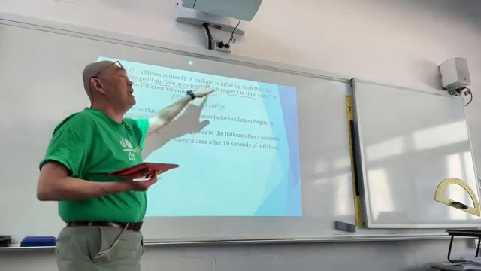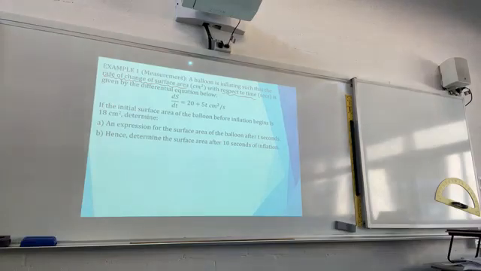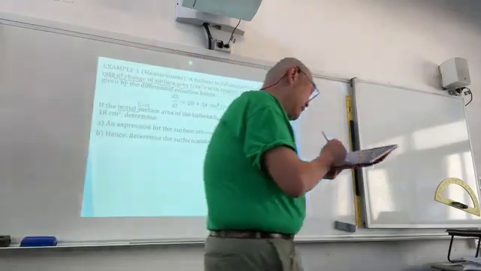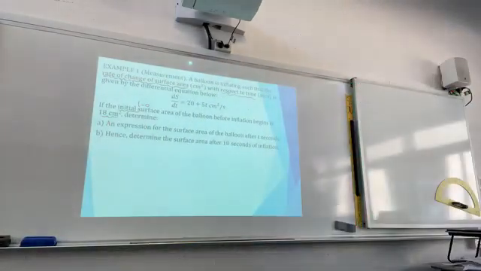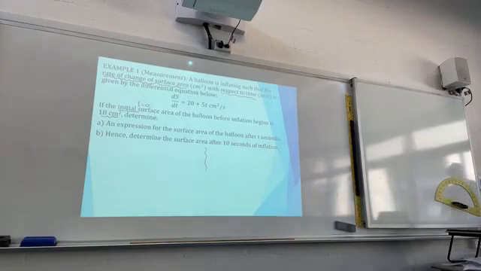All right, so that is the equation, the rate of change of surface area with respect to time. If the initial surface area of the balloon, this is when t equals 0, before inflation begins, is 18 centimeters squared, you need to determine an expression for the surface area of the balloon after t seconds. And then determine the surface area after 10 seconds of inflation.